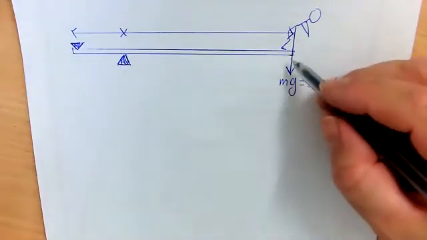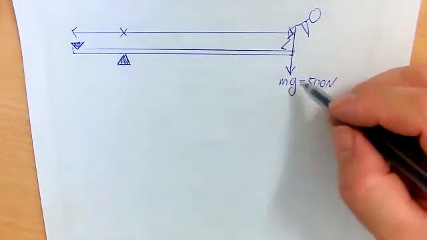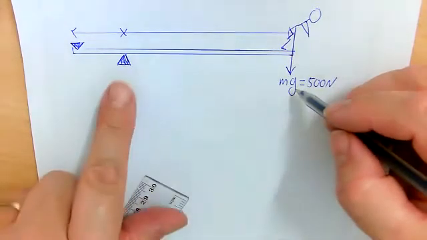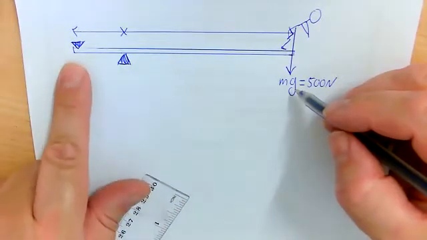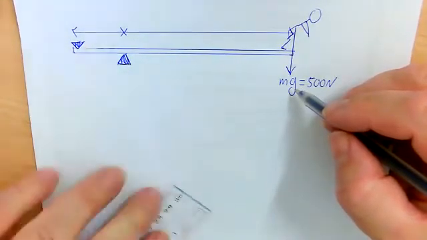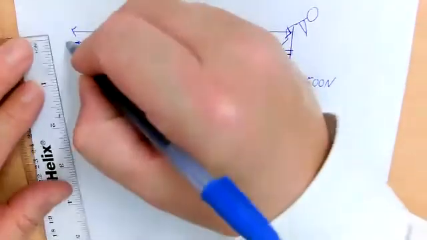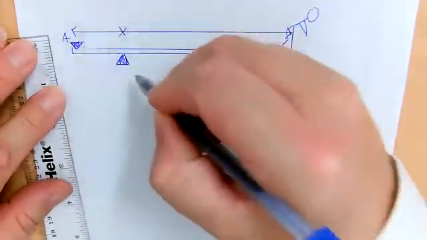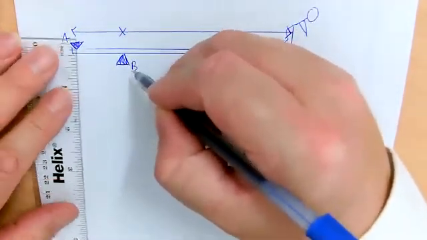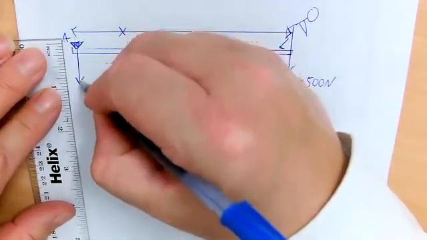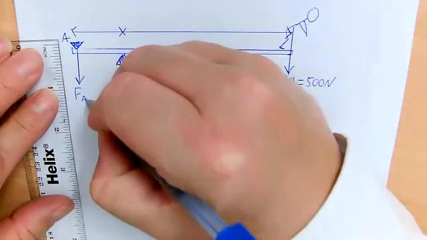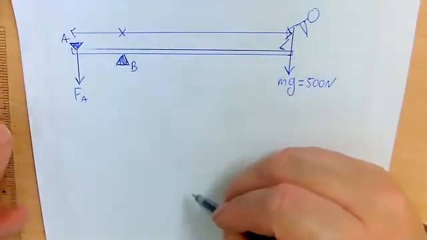Now, obviously, if they're stood over here and we're exerting a force of 500 newtons, if we take the pivot here, then there must be a downwards force to create an opposite moment. So I'm going to call these supports A and B. Now there must be a force downwards from A, otherwise it won't balance.